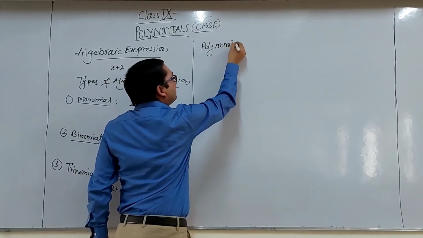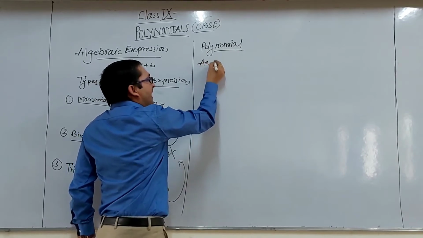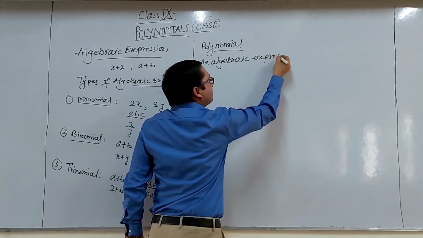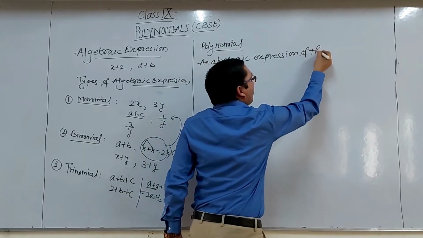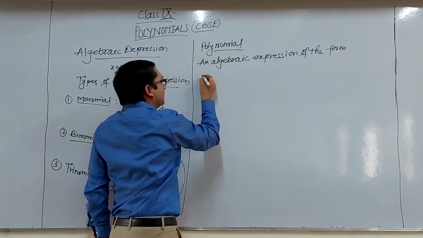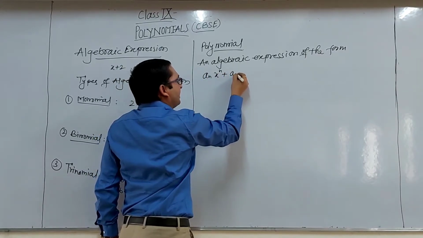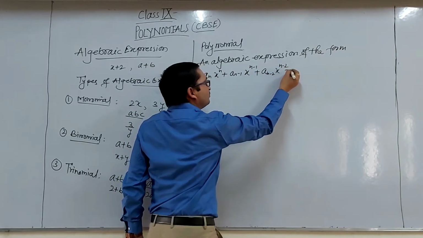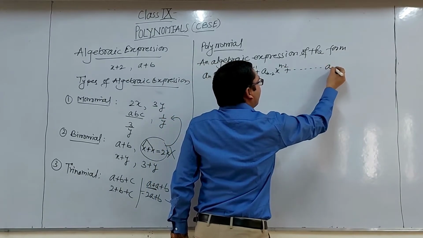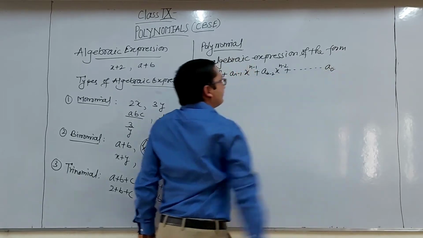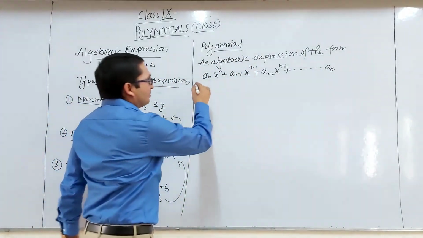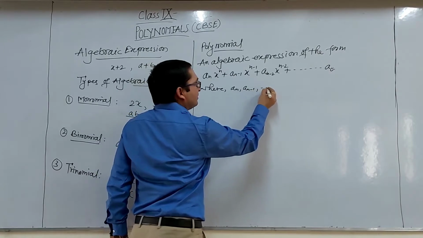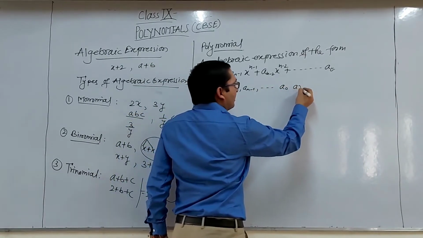Polynomial, a very important term. It is an algebraic expression of the form a_n x raised to power n, plus a_(n-1) x raised to power n minus 1, plus a_(n-2) x raised to power n minus 2, plus ... plus a_0, that is the constant term only, where a_n, a_(n-1), a_(n-2), up to a_0 are real numbers.